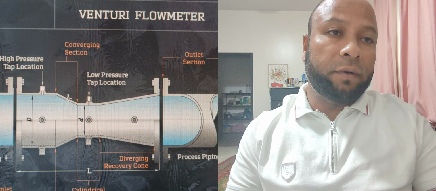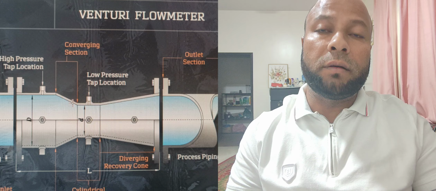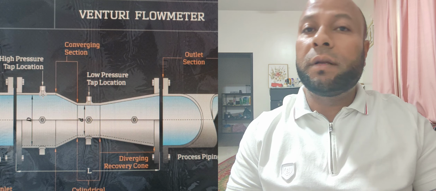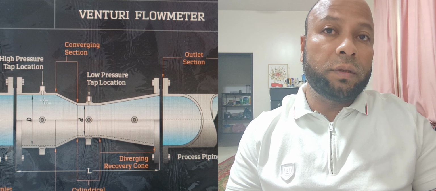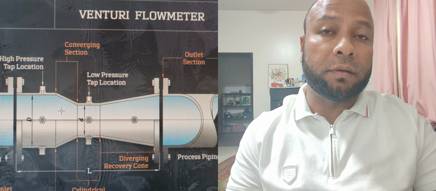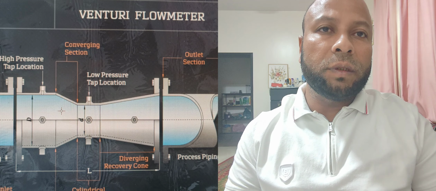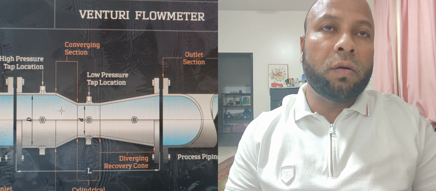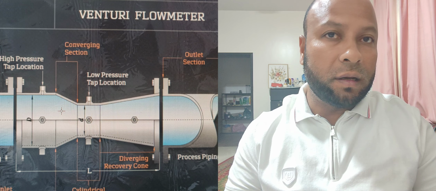So two different manifolds and two different isolation points are there. Here it's showing only one point, but in actuality there are two tapping points for the two different transmitters measuring the flow. So the concern was always a deviation and continuous alarm.